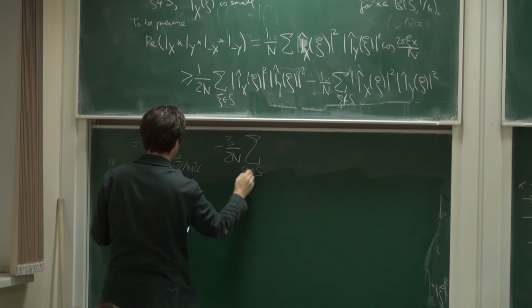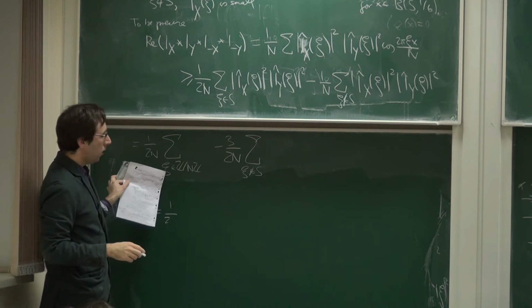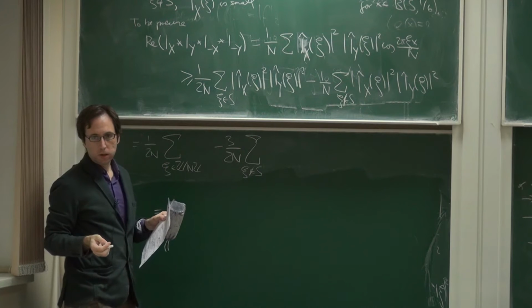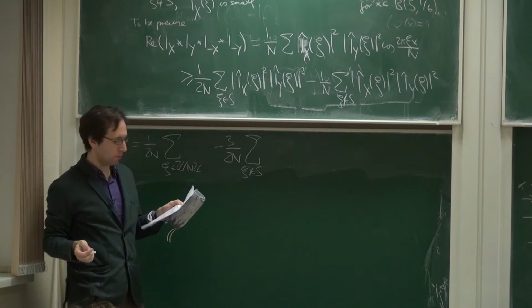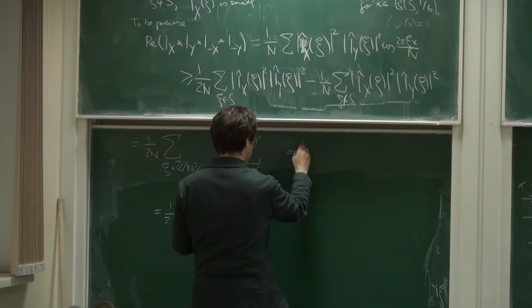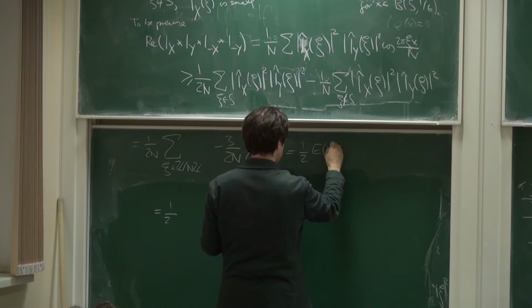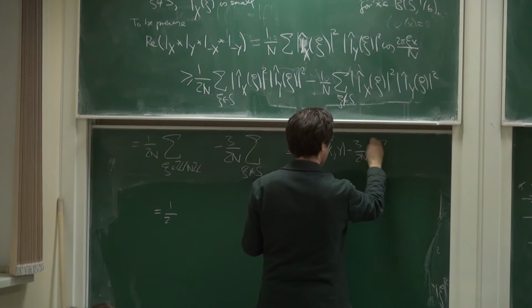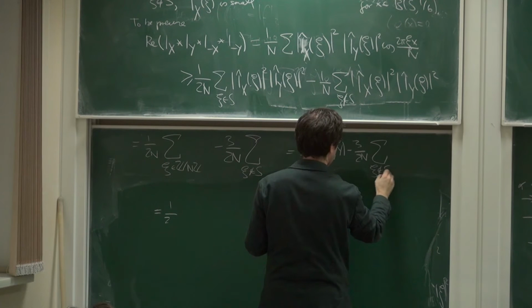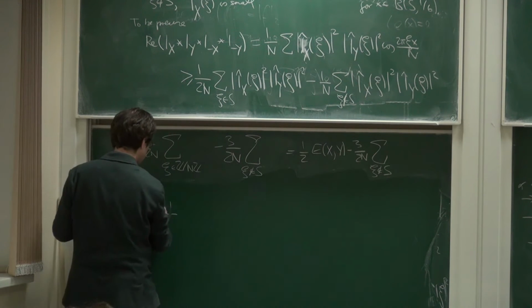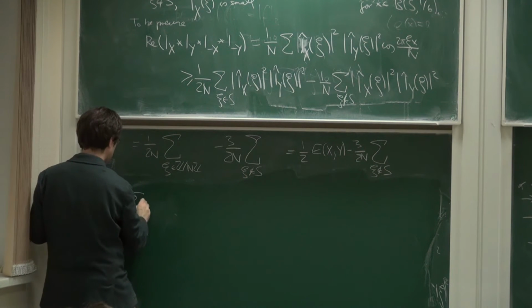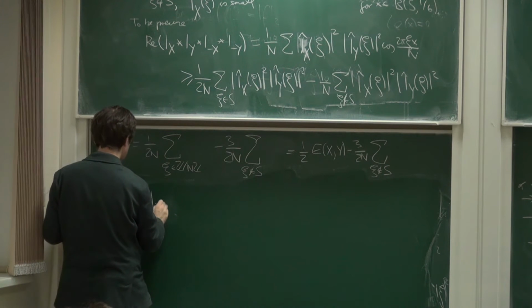So what do I have? Here I have the sum over all psi of this quantity here. So that's just the energy. And then I'm going to subtract the small terms. So this is just the energy minus 3 over n, the sum. Well, and what is the most efficient way of estimating the sum over the elements not in S?